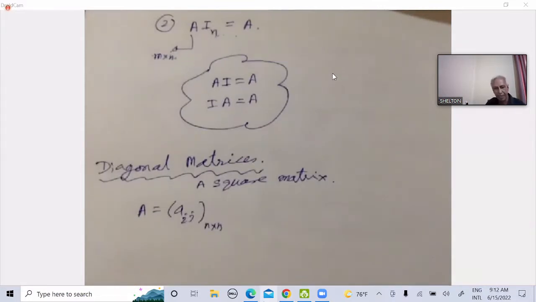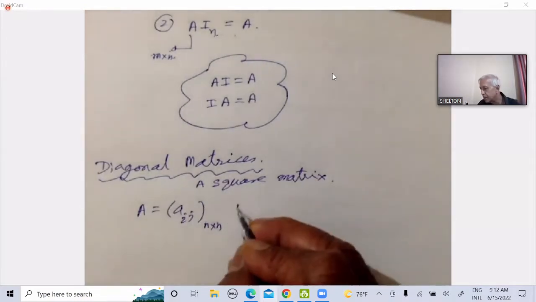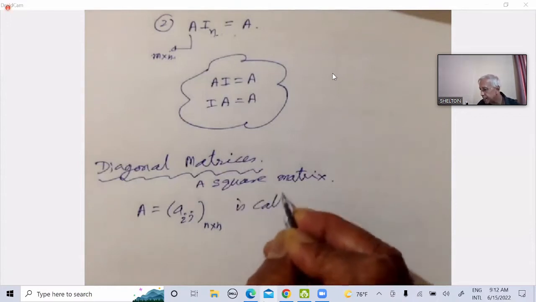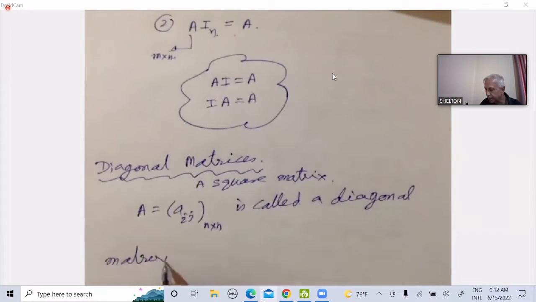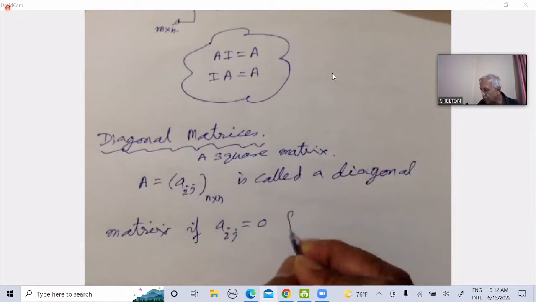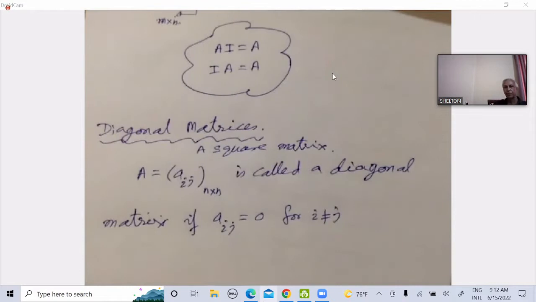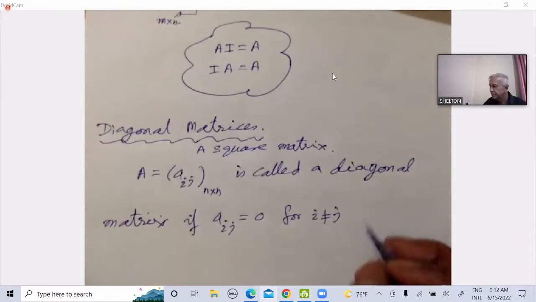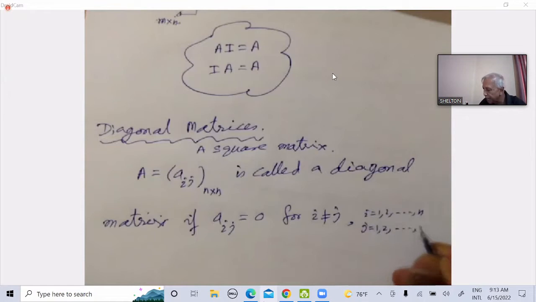A square matrix A_ij, n by n, is called a diagonal matrix if A_ij is equal to 0 for i not equal to j, for i going from 1 to n and j going from 1 to n.